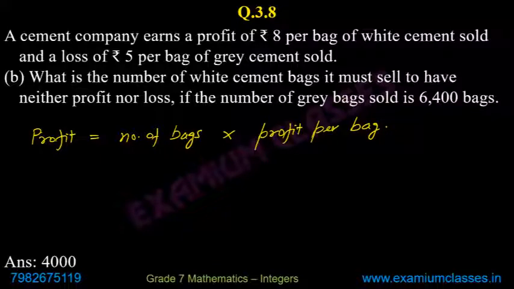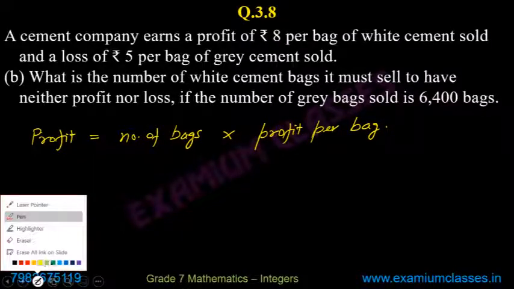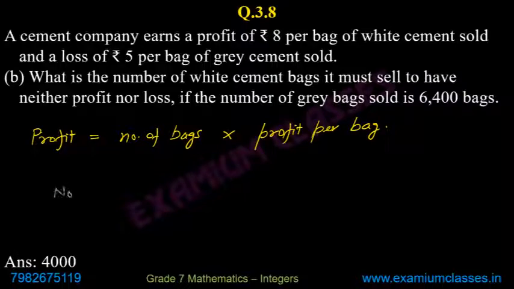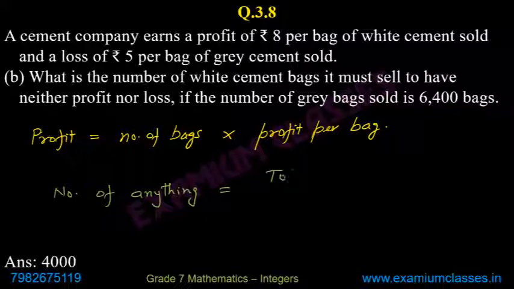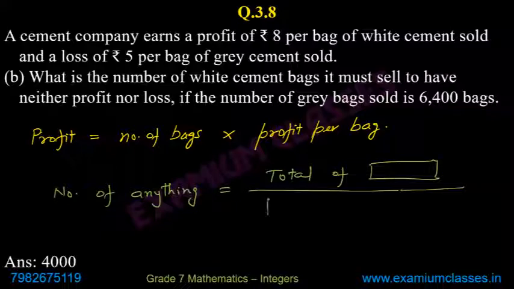I told you this is a very, very important formula. And in all such questions, in rough work, you can try this. Number of anything is total of something divided by that something of or for one.